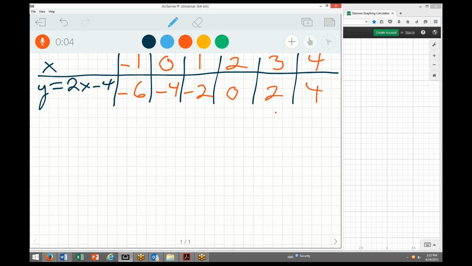And now if we want to graph this, we can make our axes. And let's see here.